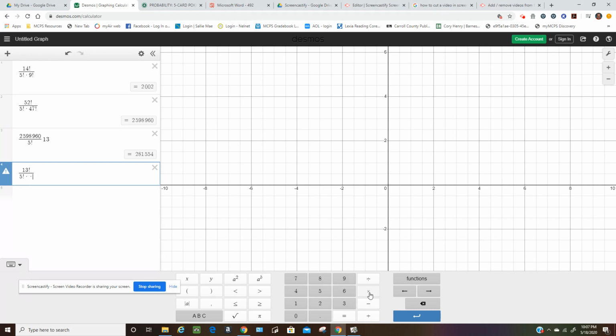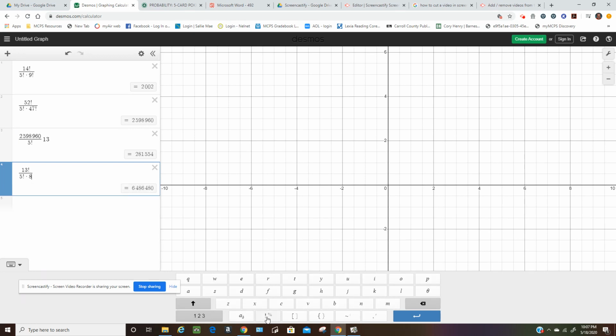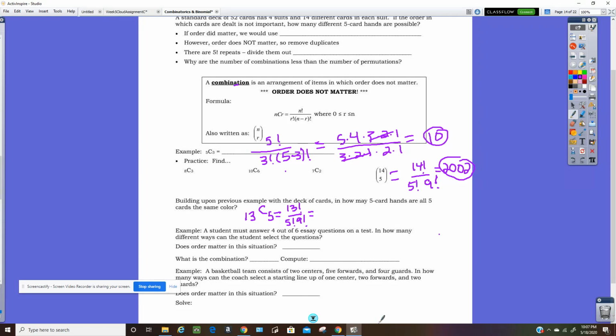it should be 8, not 9. So 8 factorial is 1287. This should be an 8 right here.